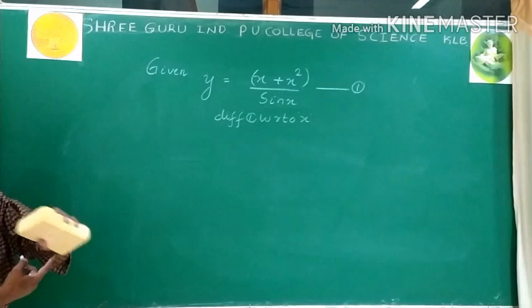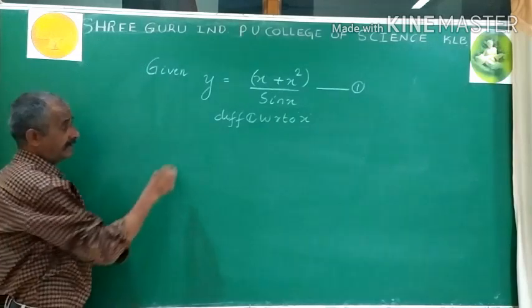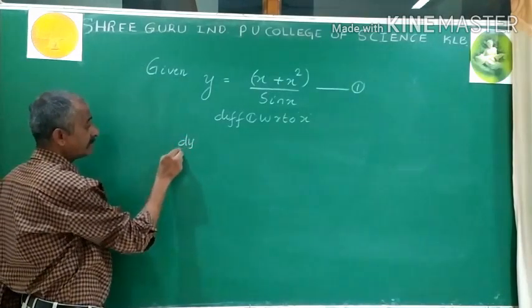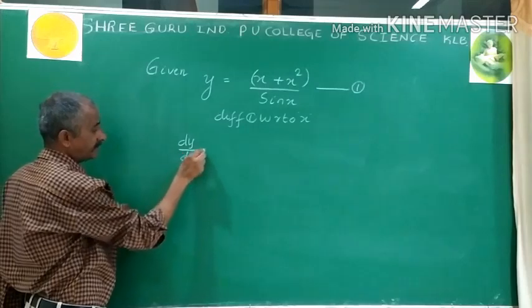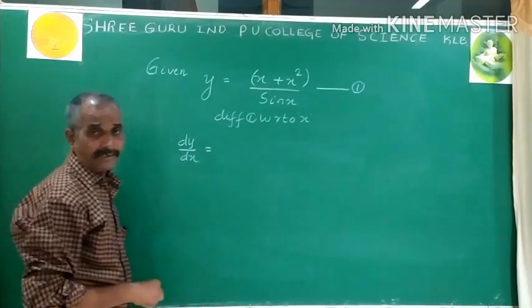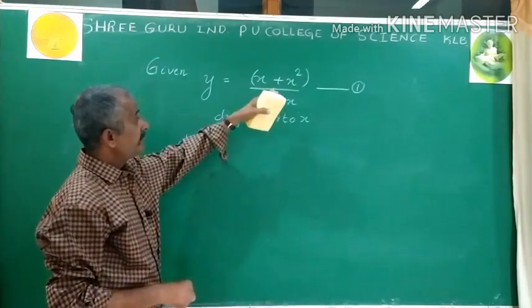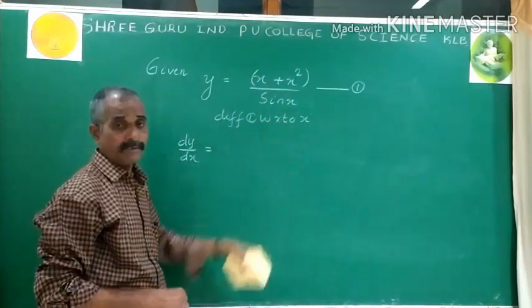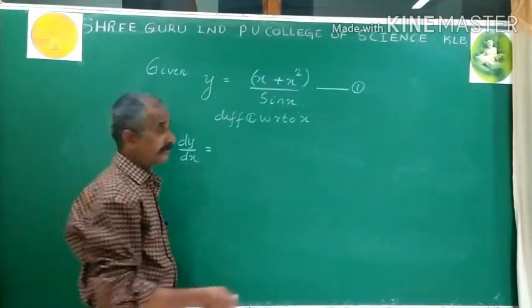On differentiating 1 with respect to x, the left side becomes dy by dx, whereas the right side is in the form of u divided by v, so let's apply the quotient rule.